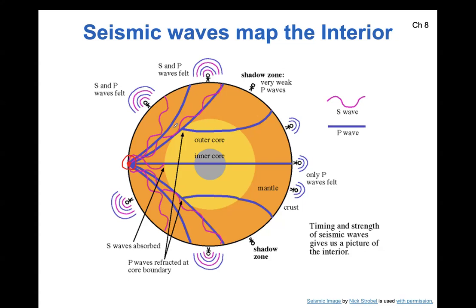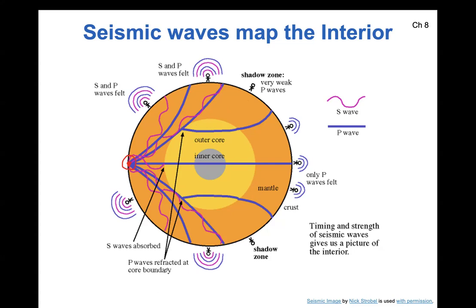Okay, but not all the waves make it to the other side of the planet. And that is how we can map the interior. Notice the P waves that travel, radiating outwards. And when they encounter an interface between the mantle and the outer core, there is a refraction at the boundary.